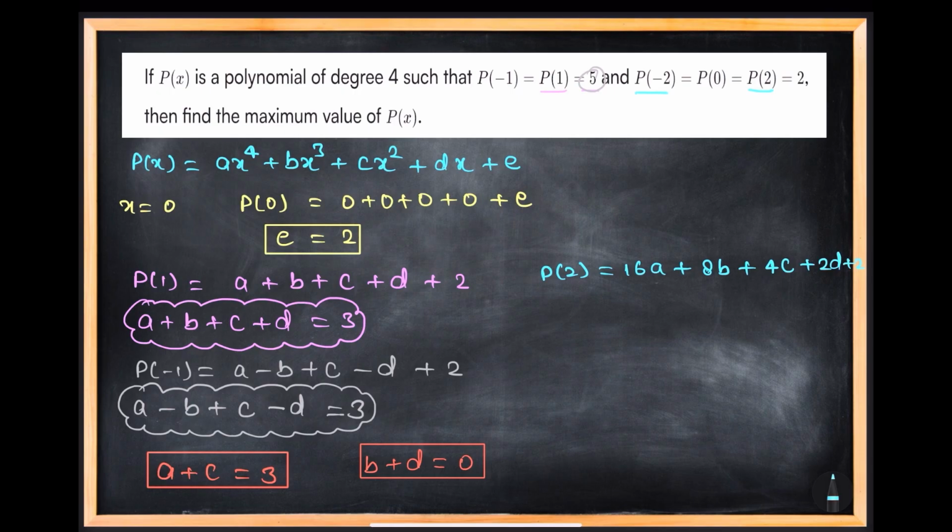You know that p of 2 is also 2, so this thing is gone. So we are left with 16a plus 8b plus 4c plus 2d is equal to 0, and we can divide by 2 as well. So we will be left with 8a plus 4b plus 2c plus d is equal to 0. So we got this equation.